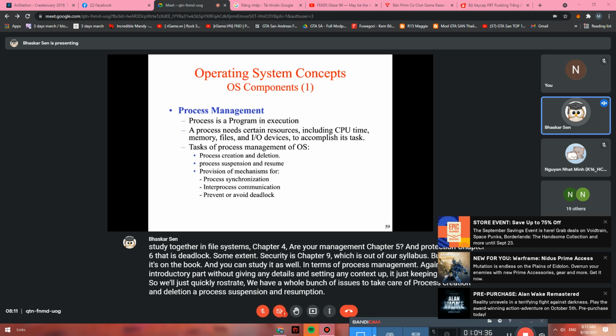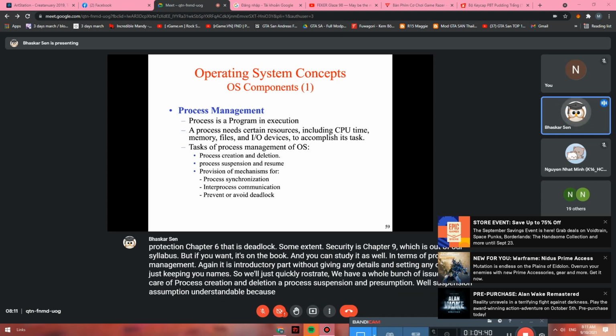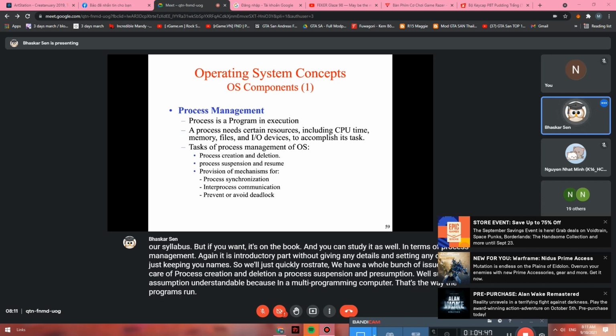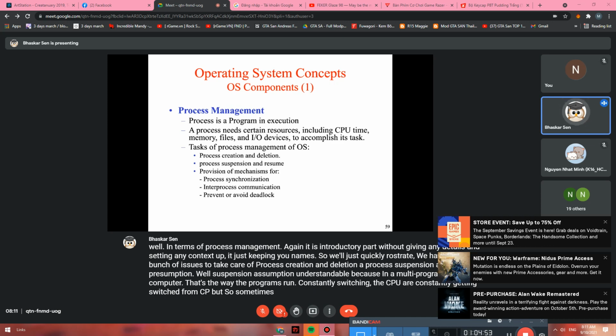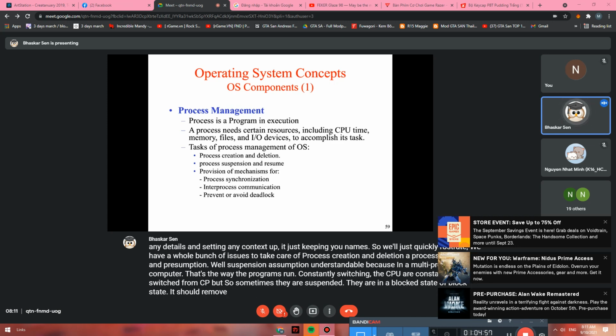Suspension and resumption are understandable, because in a multi-programming computer, that's the way the programs run, constantly switching the CPU, or constantly getting switched from the CPU. Sometimes they are suspended, they are in a block state. The block state will be moved to the ready state, and the ready state back to the running state. That is the resumption.